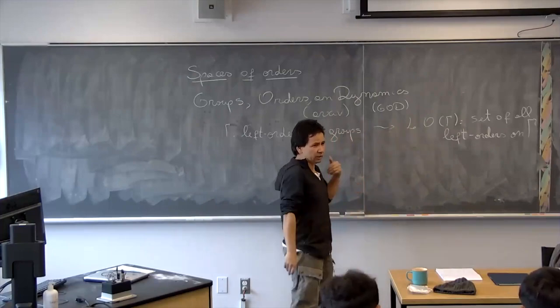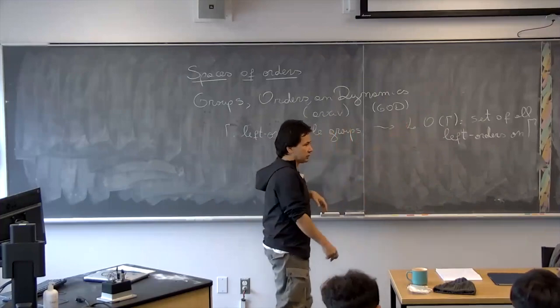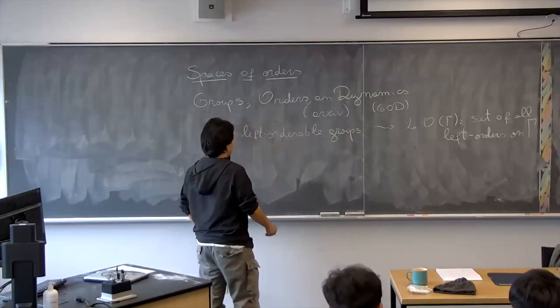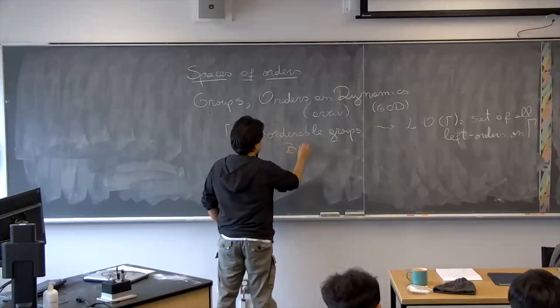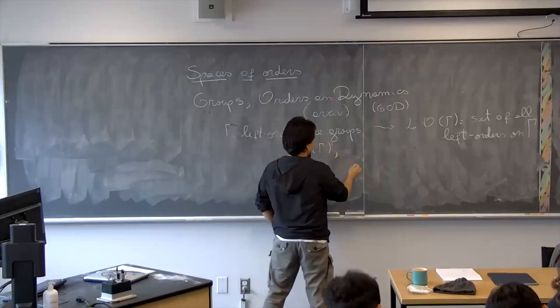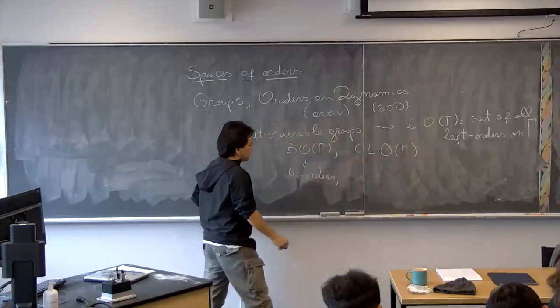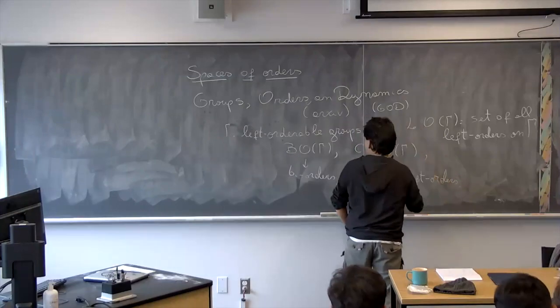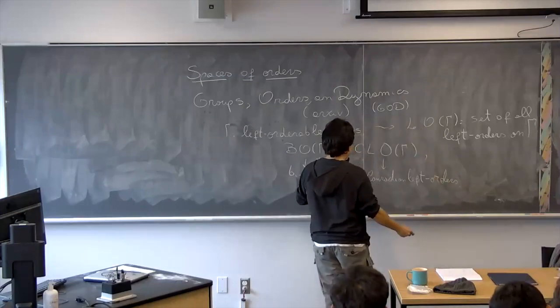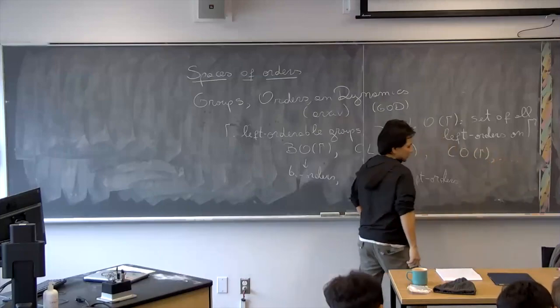Even for a group which is not left orderable, you can consider the set of all left orders on this group. This will be the notation. This is for the space of bi-orders, which is going to be very important for us. The space of Conradian left orders, also the space of circular orders, and many others.